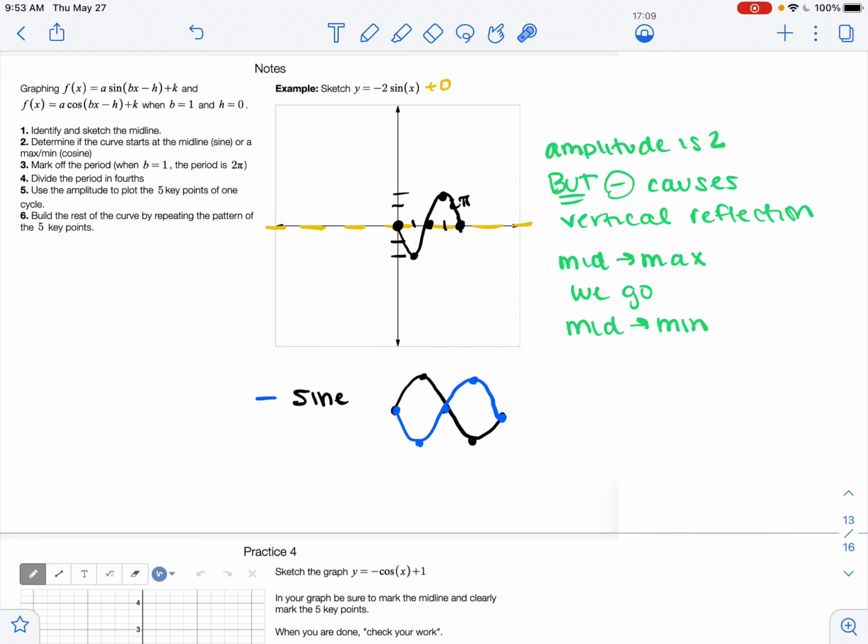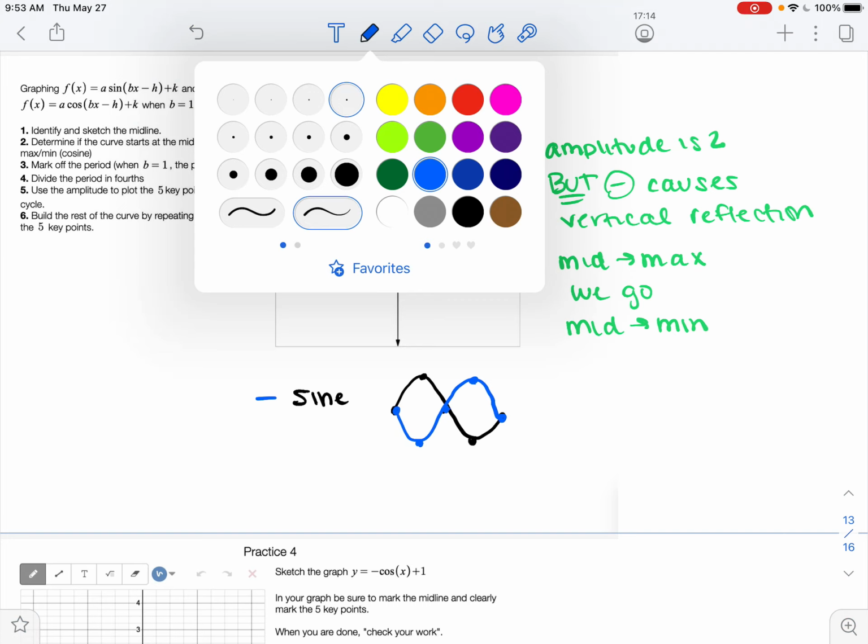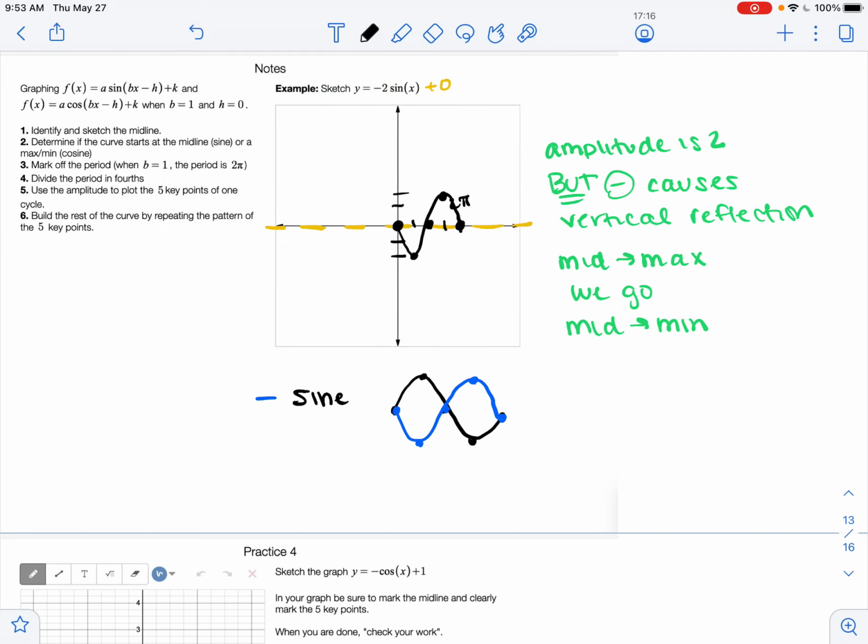Okay? But from here, we're going to just keep building the rest of this by repeating those 5 key points. So we left off at our midline. We know we have to go to the minimum, return to our midline, up to the maximum, return to our midline for a second cycle, ending at 4 pi, but we let go on forever. We'll repeat that on the left-hand side. Here would be negative 2 pi, negative 4 pi.